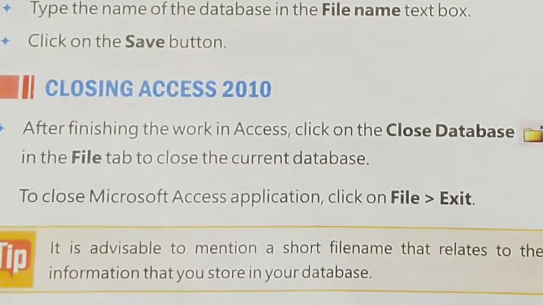Okay, and after clicking the file tab you will get the option of exit as shown in the image. Okay, so you need to click on the exit button to close the current database.